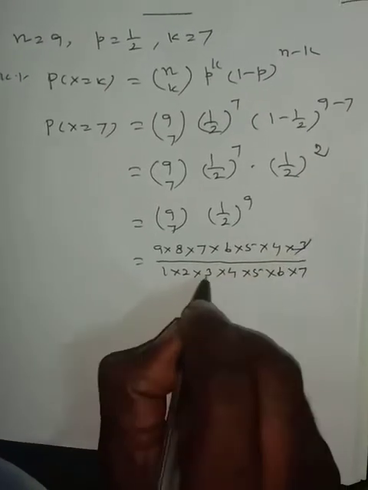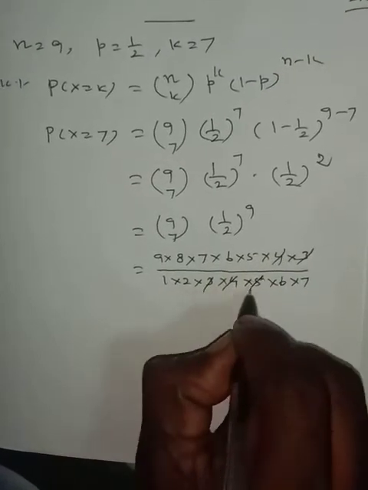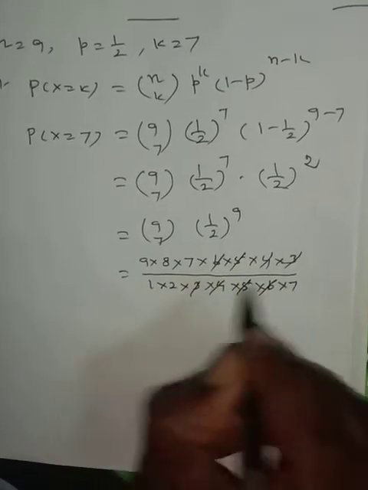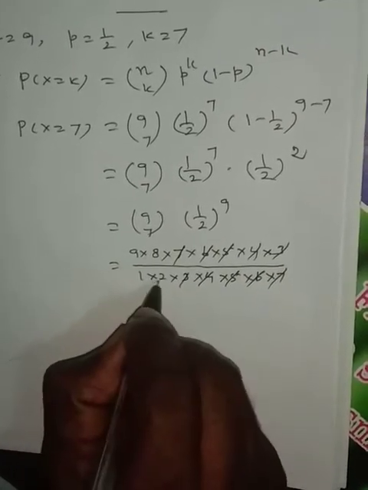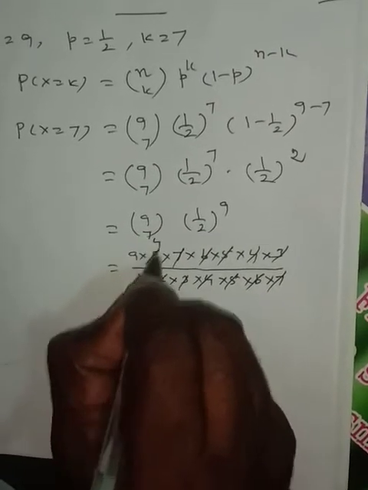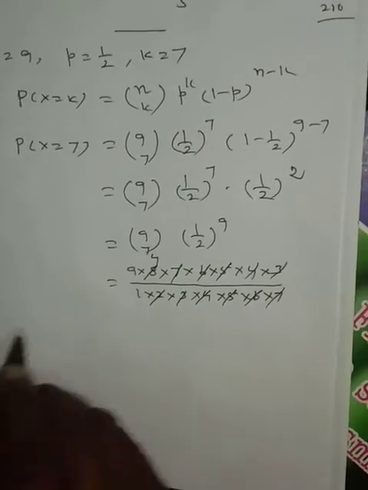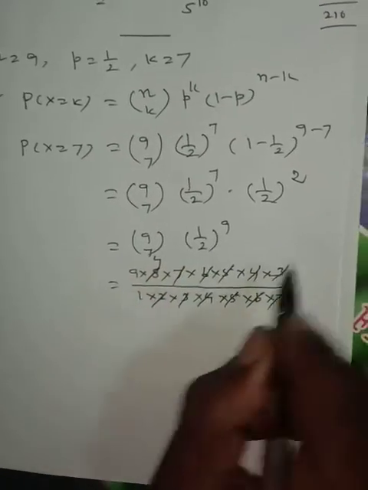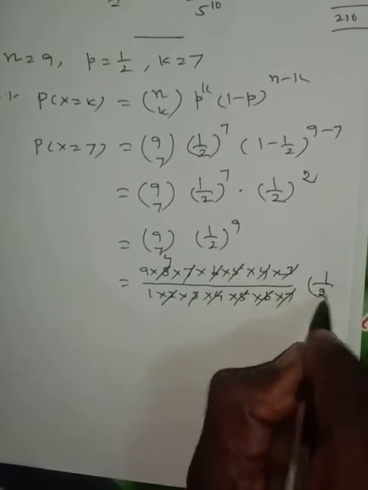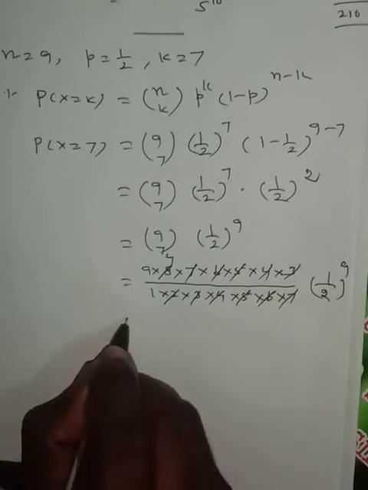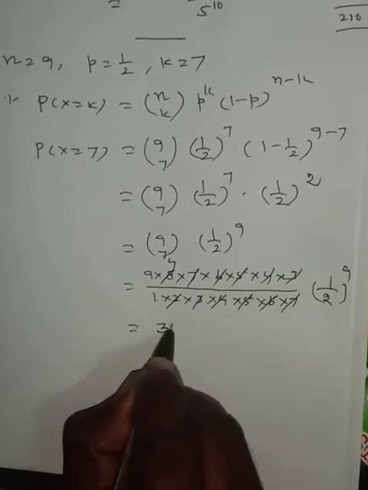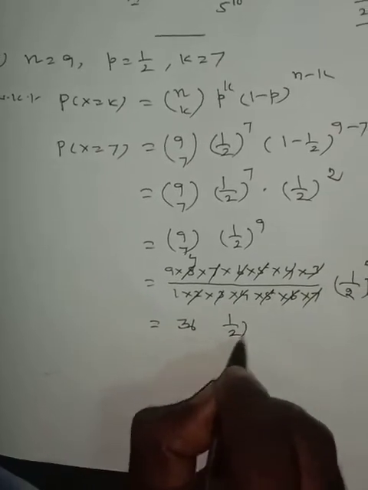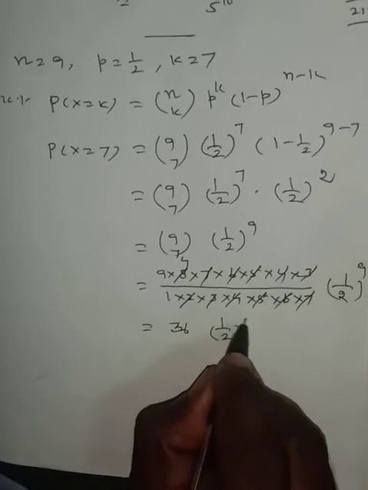3 3 cancel, 4 4 cancel, 5 5 cancel, 6 6 cancel, 7 7. Next 1 2 is 2, 4 2s are 8. So 36 into 1 by 2 whole to the power of 9 is equal to, 9 4s are 36, 1 by 2 whole to the power of 9.